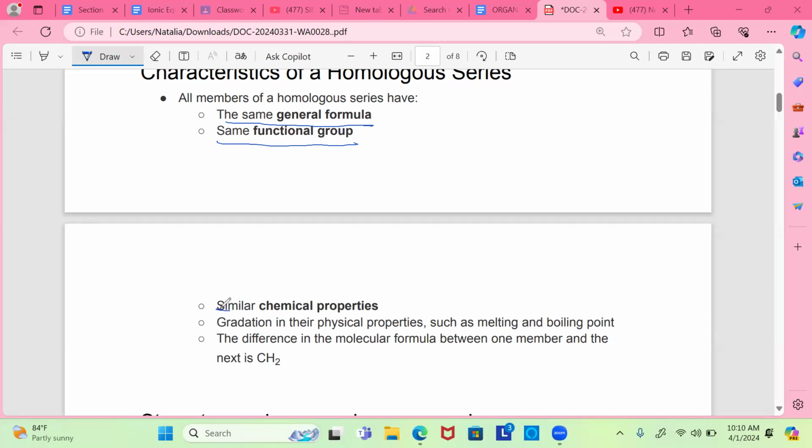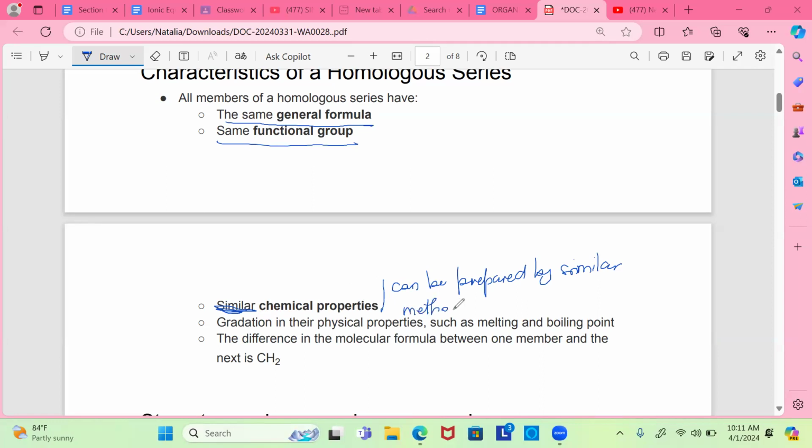We do not use the word same for chemical property. We use the word similar chemical property, or, the same thing, can be prepared by similar method.